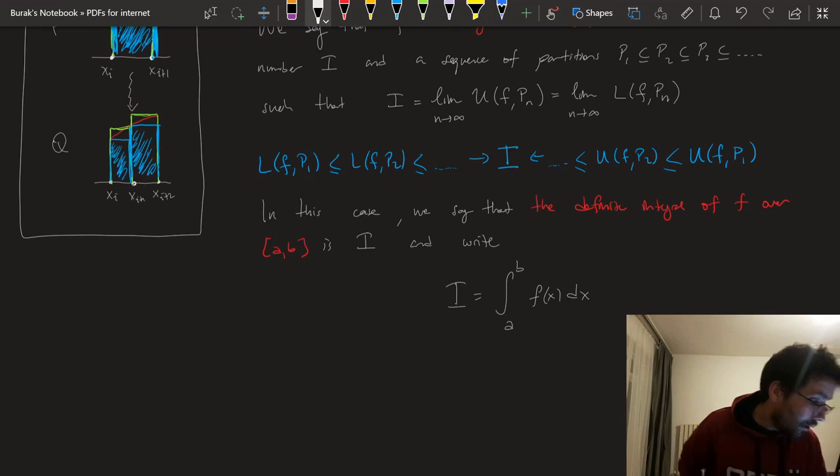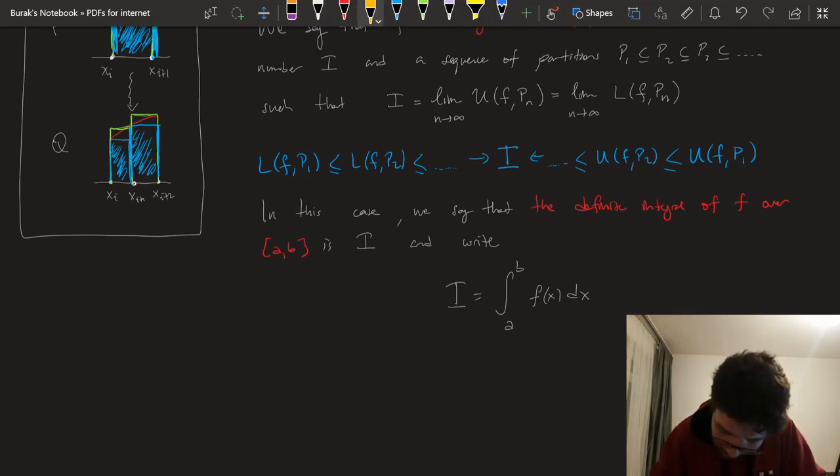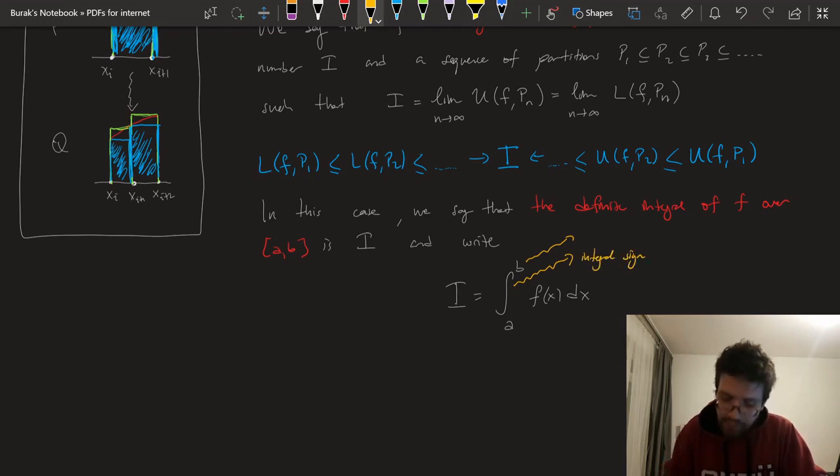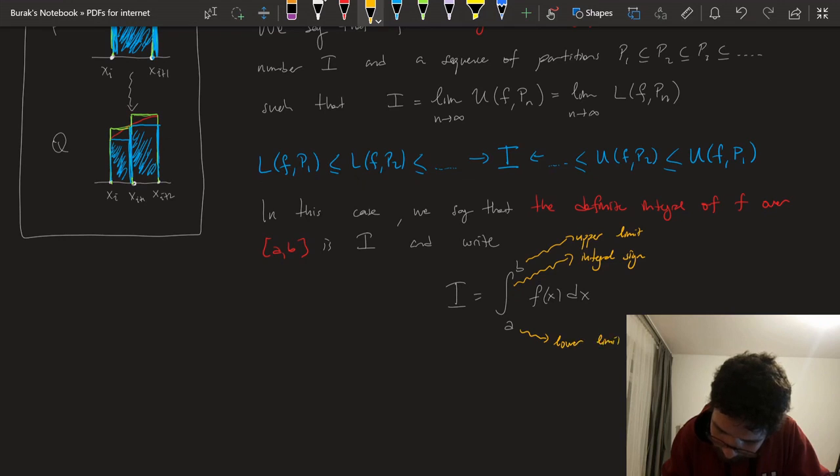Okay? So let me write down some terminology. This is the integral sign. It just looks like those curves on a violin, and this is the upper limit of the integration, and this is the lower limit, and this function over here is called the integrand, and this x here is my dummy variable.